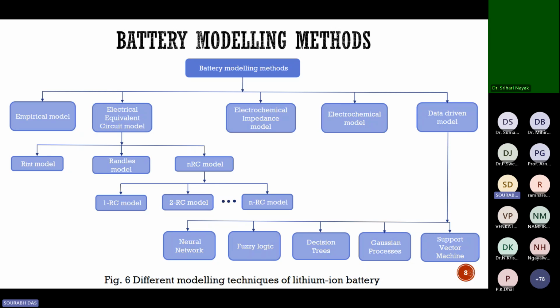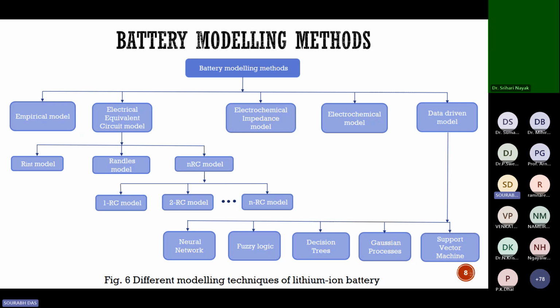The first model is the empirical model. Empirical models are built from experimental data without necessarily considering the internal physical processes of the battery. These models use regression and curve fitting techniques to relate the battery input to output.